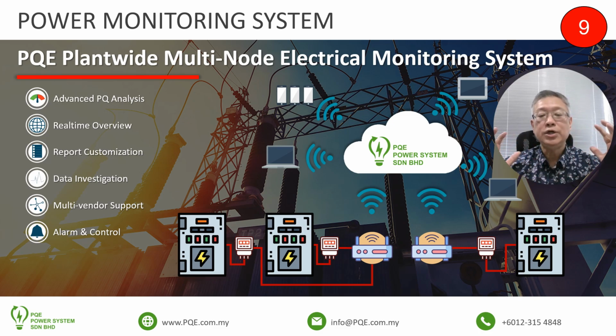We can use the advanced power logger to do detailed reporting, detailed alert notifications, and detailed alarm, giving advanced PQ analysis, real-time overview, report customizations, data investigations, and also multi-vendor support. Of course, last but not least, it gives alarm and control as well.